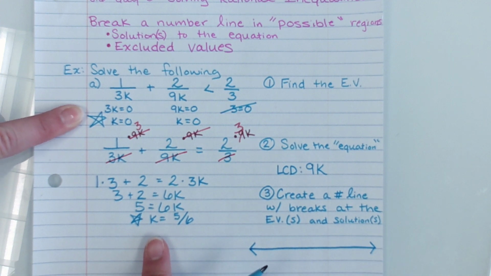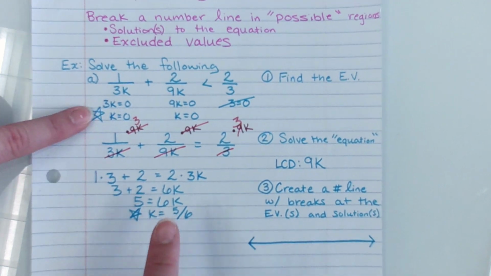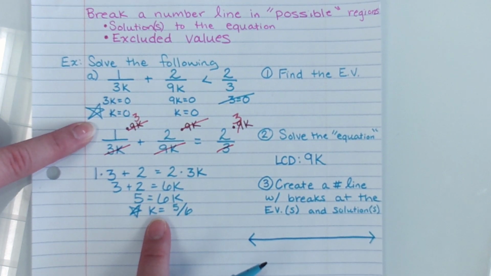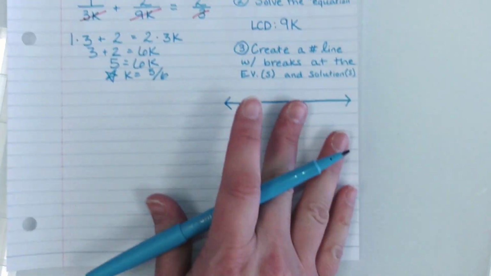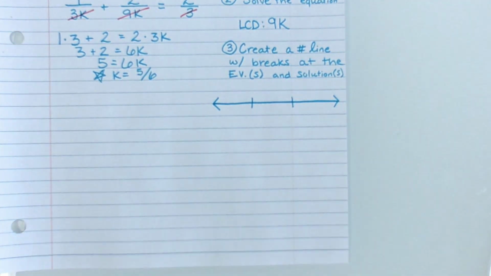They're not the same number. Sometimes they can be the same number. That would mean that technically that number would not be a solution to the equation. Doesn't make a difference on these ones. You make a break in the graph at however many unique numbers there are. There are 2 unique numbers. So, I make 2 little dashes on my line.